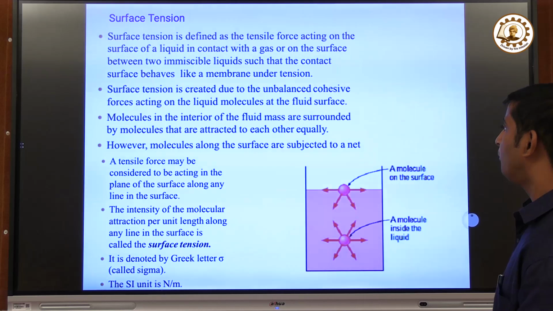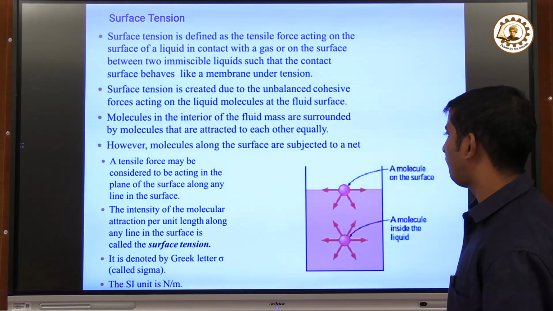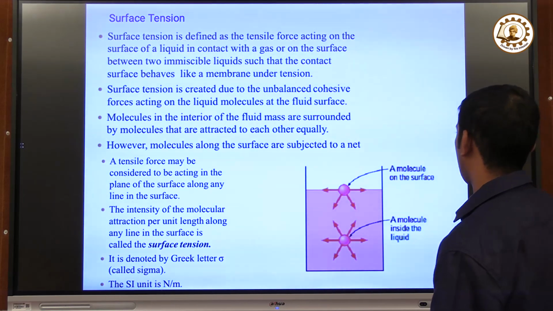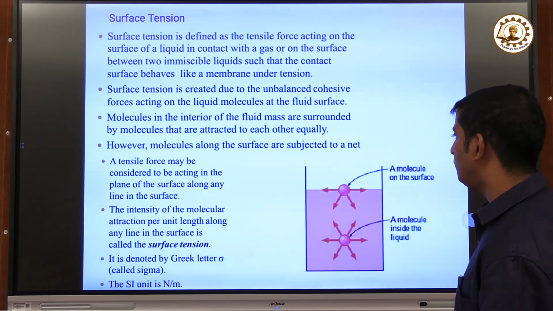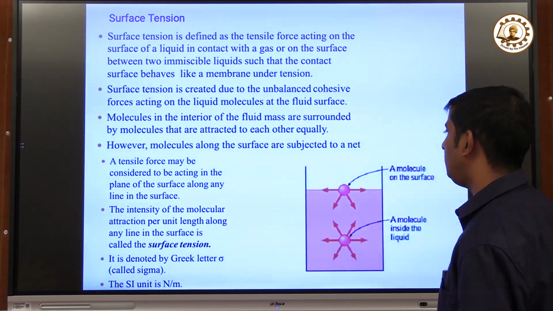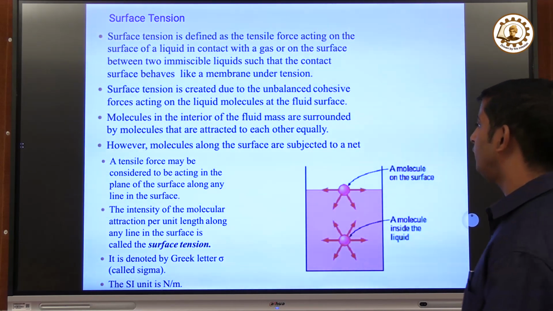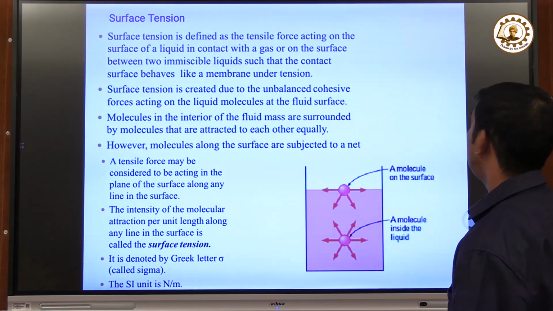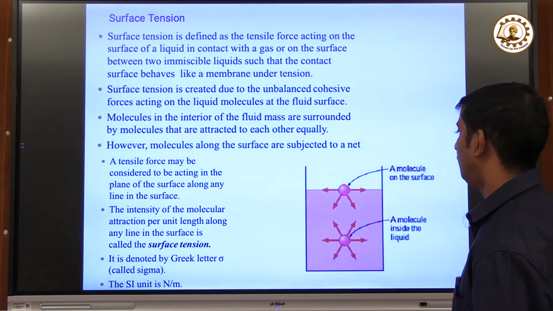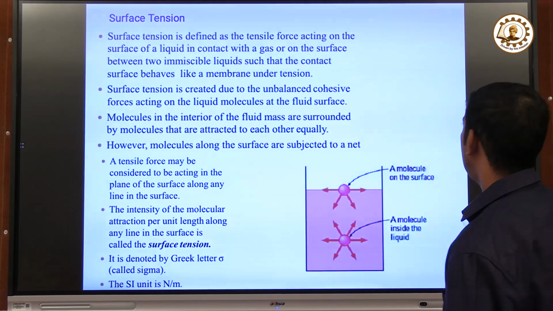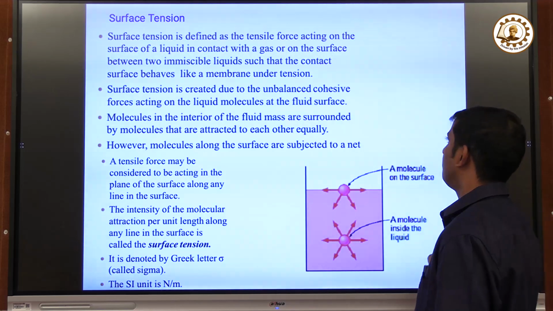A tensile force may be considered to be acting in the plane of the surface along any line on the surface. The intensity of the molecular attraction per unit length along any line in a surface is called the surface tension. Surface tension is denoted by the letter sigma, and the SI unit of surface tension is Newton per meter.